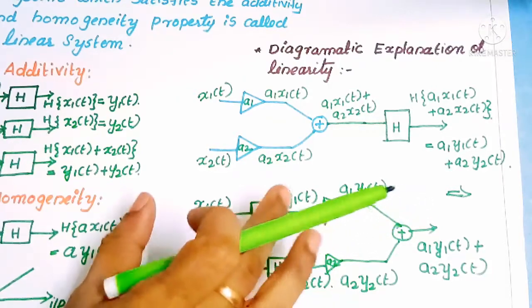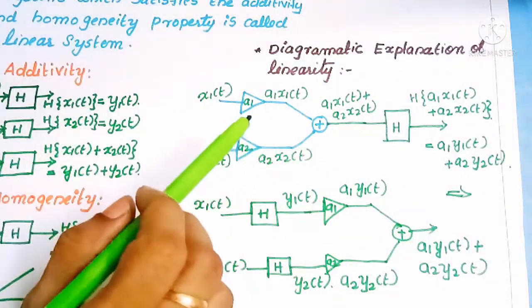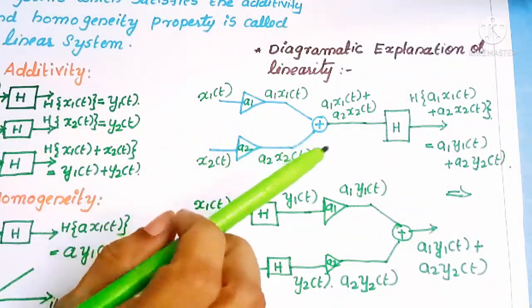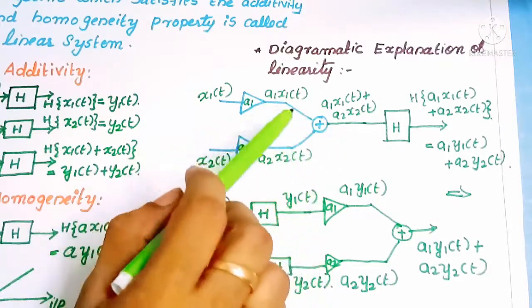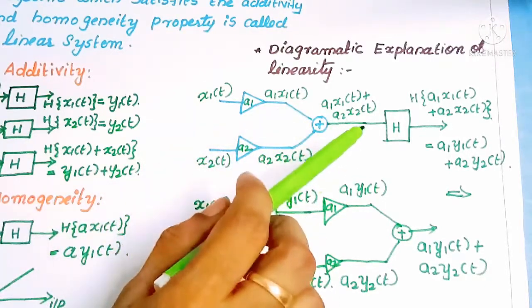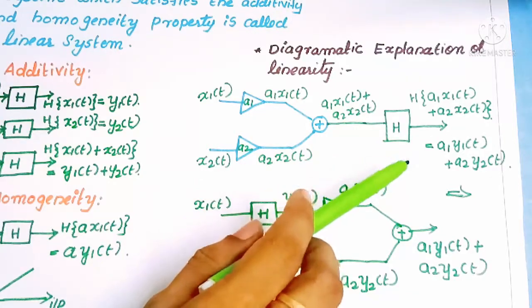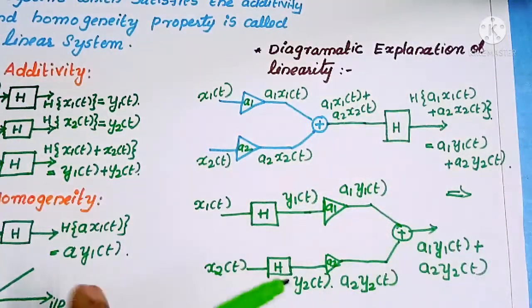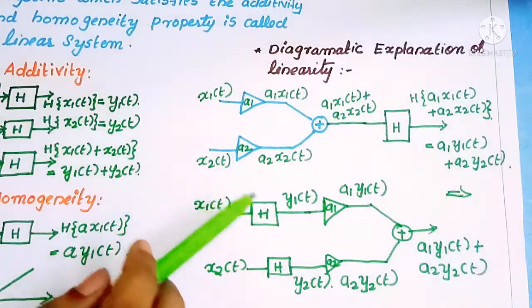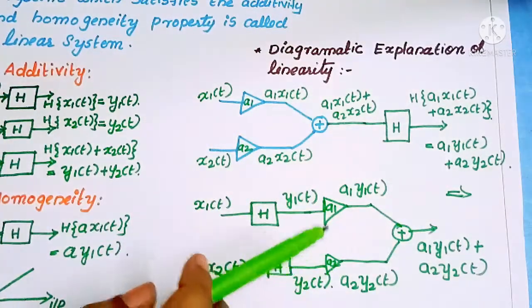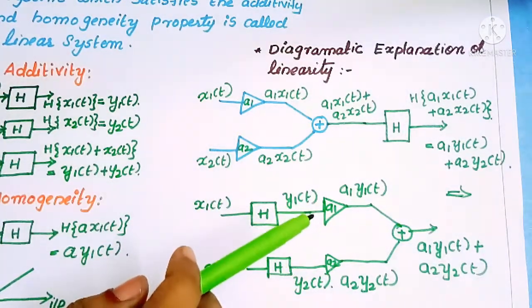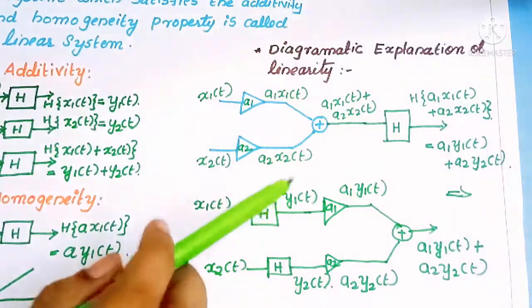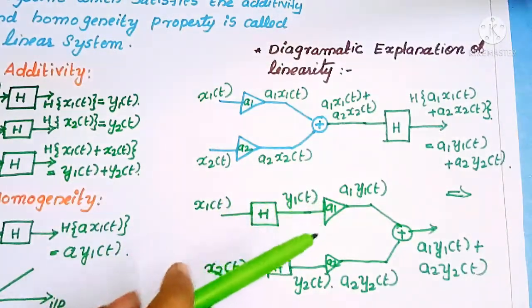First we apply an added input signal to the system and get an added output signal. Then we add the individual responses of the system. In both cases we get the same output, then we can call this system a linear system.